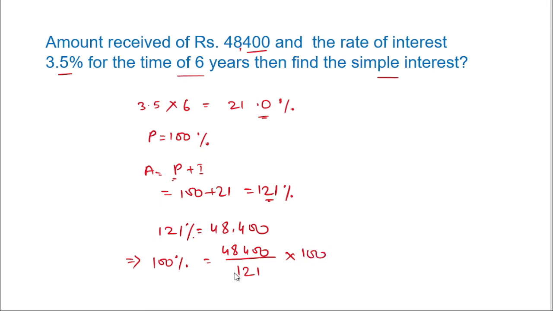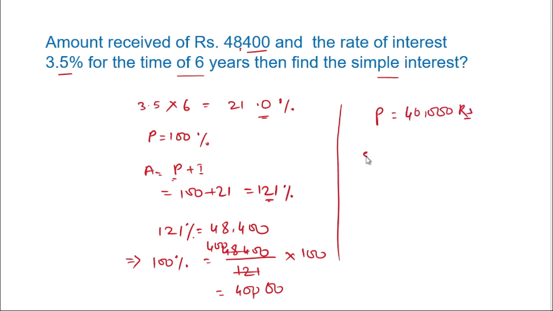If we solve it, it comes to 4 times 400. Now the value of 100% is 400, and here also 00, that is 40,000. So here we can say the value of principal we have calculated is 40,000 rupees.